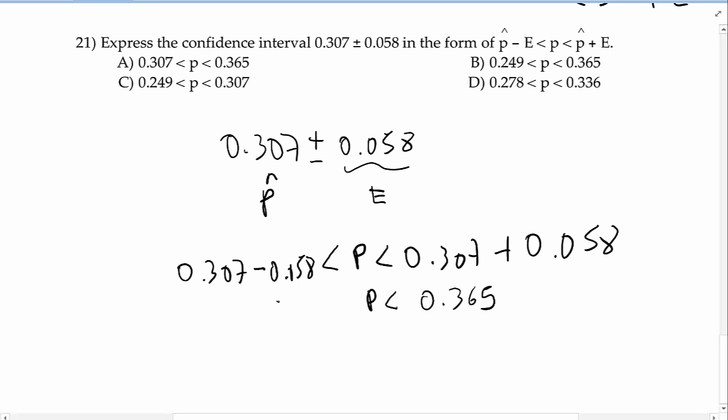That gives me 0.249. All right. So what this is saying is that the proportion of the population is probably between 25% and 37%. So this answer is number 2.49. Okay, so that's correct. All right, let's move on.